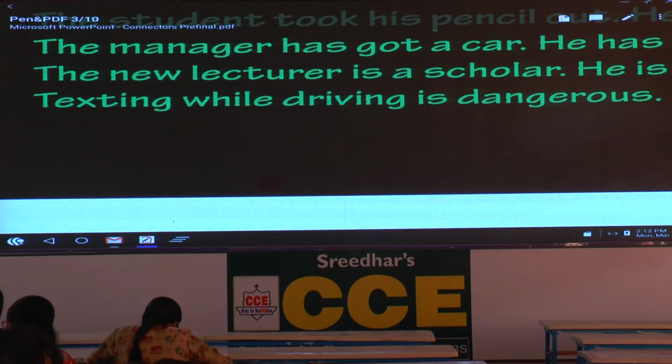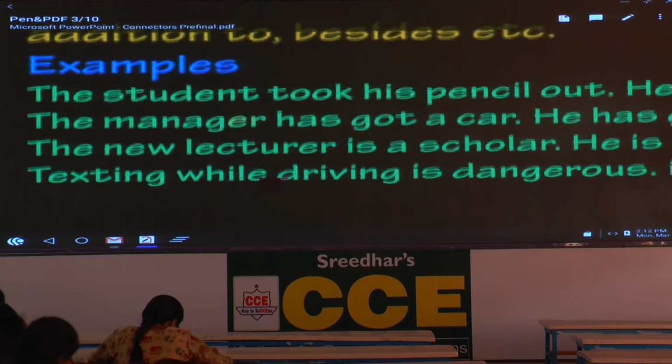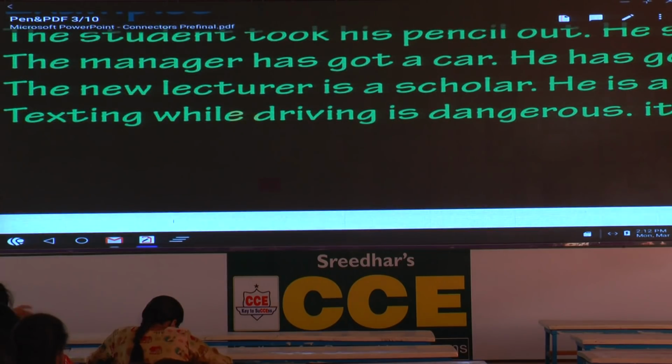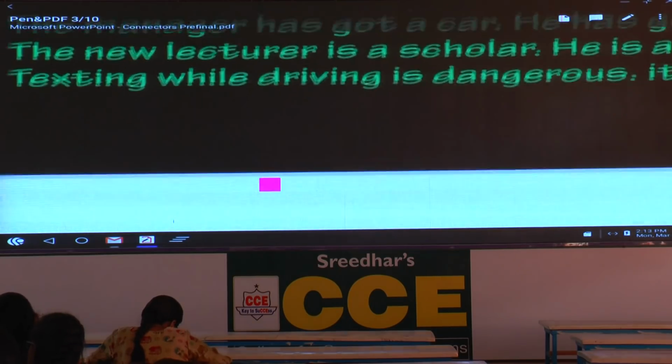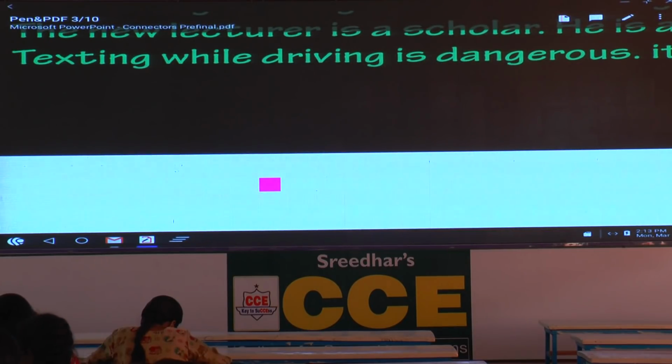In some situations, you can use 2 or 3. Absolutely no problem. For this one, you can say, the new lecturer is a scholar as well as a writer. That is also right. The new lecturer is not only a scholar but also a writer. That is also right. That's your doubt, am I right? Perfect. No limitations as such, as long as it is meaningful and grammatically correct.